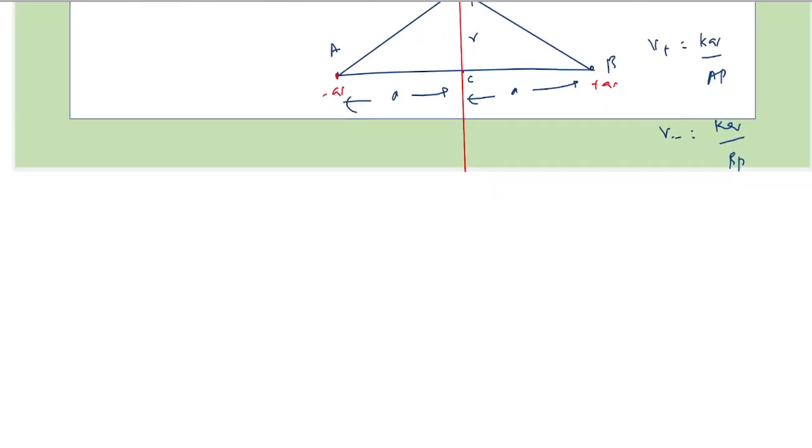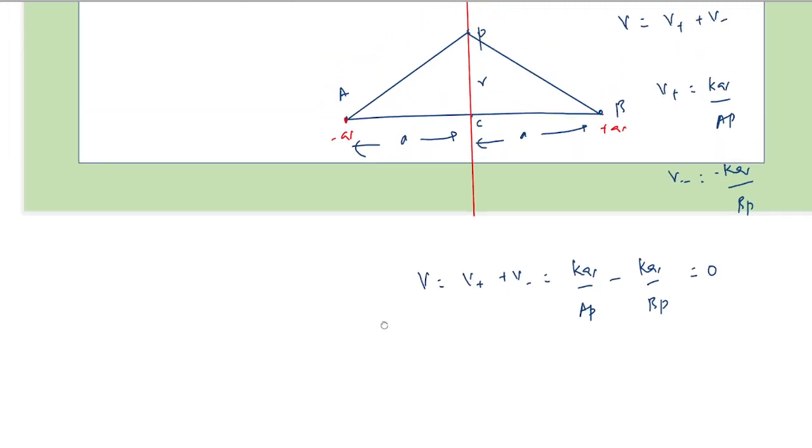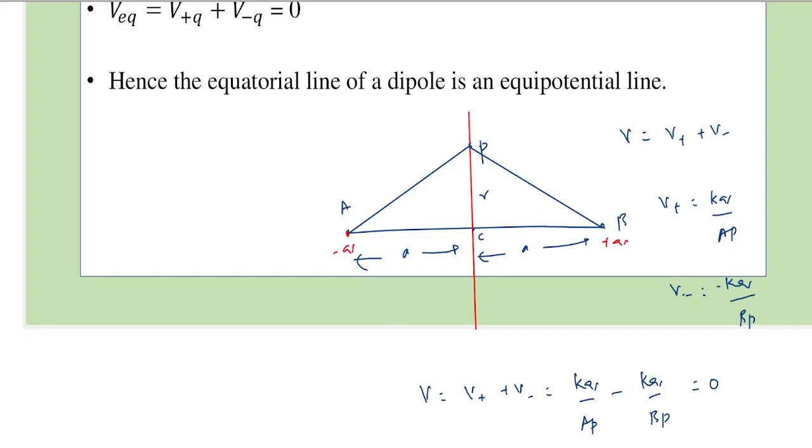If we add them together, the net potential, which is V plus and V minus, is equal to, this minus sign here because minus q, it will be kq by AP minus of kq by BP is equal to 0. So the electric potential at any point, that's a point somewhere here or here or here, at any point on the equatorial plane, the potential is 0.